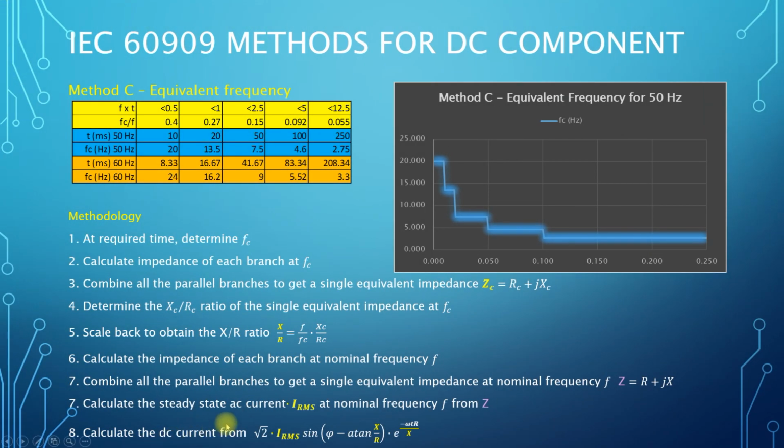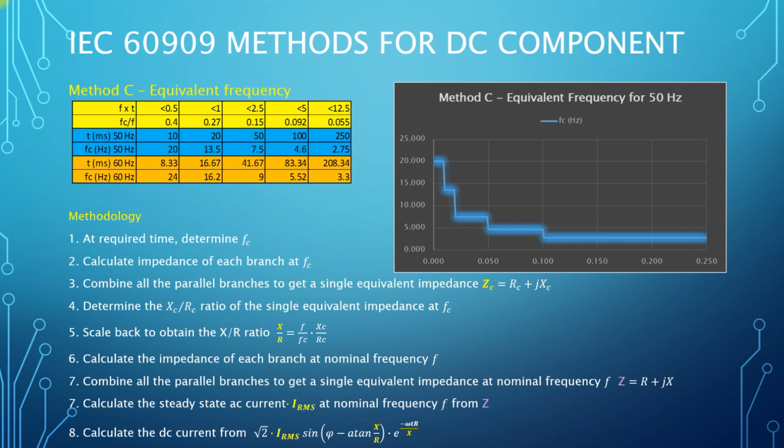And we're now in the situation where we have all the values which we need to substitute into our equation for the DC current. So IRMS is calculated at 50 Hertz in this example. X over R is calculated from this equation here, and FC depends on the time after the fault has occurred according to this graph here.